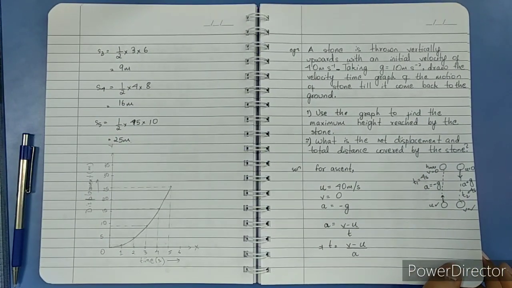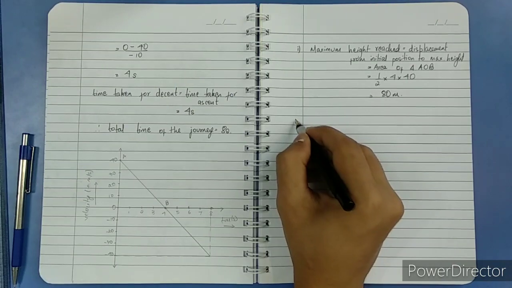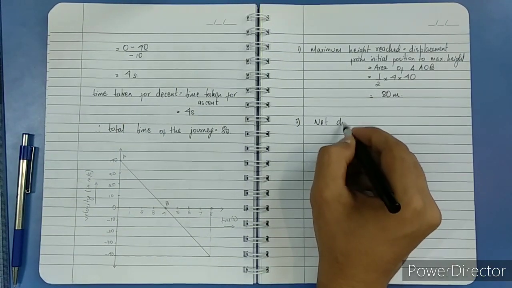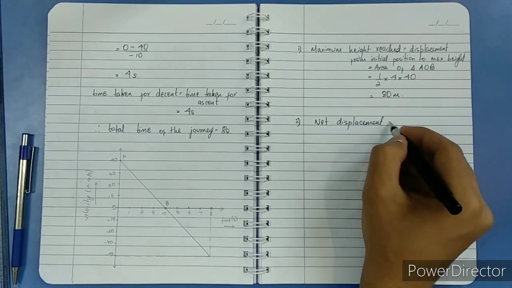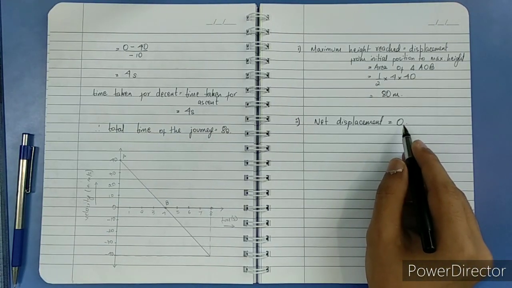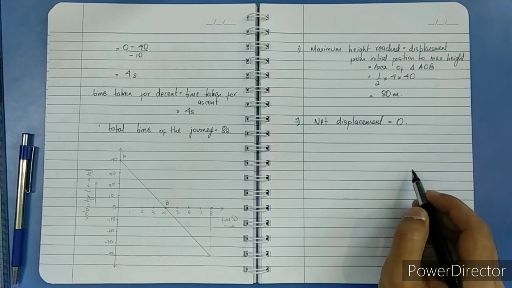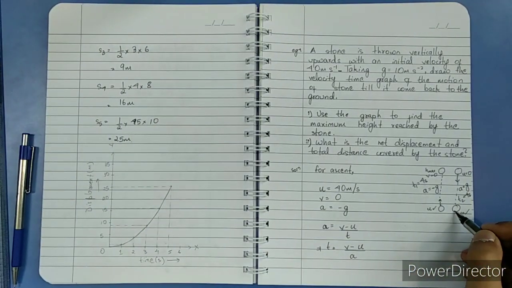Second part, what is the net displacement and the total distance covered by the stone? For the second part, net displacement is equal to 0, because while it went upwards, it went up for 80 meters and it came down 80 meters. So from where it began, it reached back to its initial position.